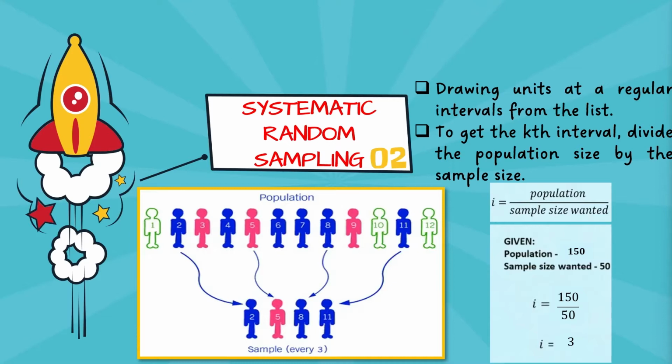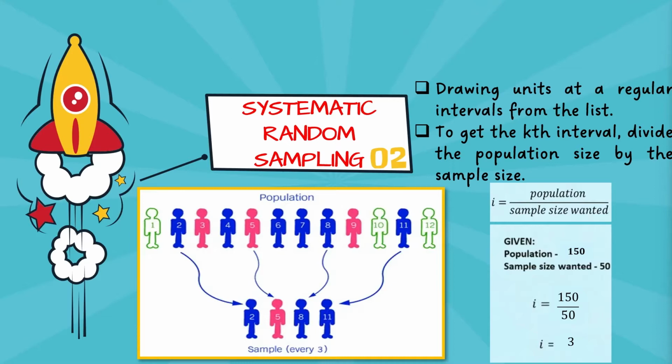So class, to get the kth interval, all you have to do is divide the population size by the sample size. For example, your population is 150 and your desired sample is 50. To get the interval, divide 150 by 50 and the answer will be 3.